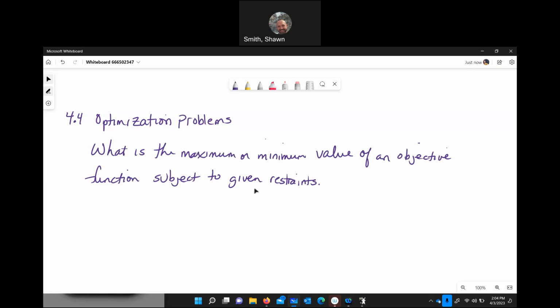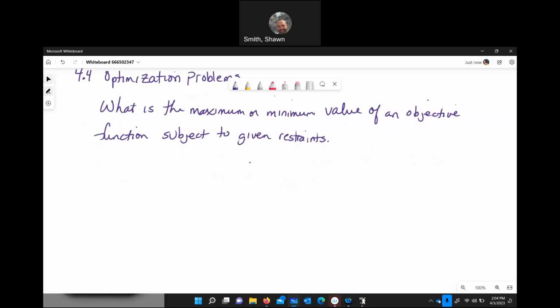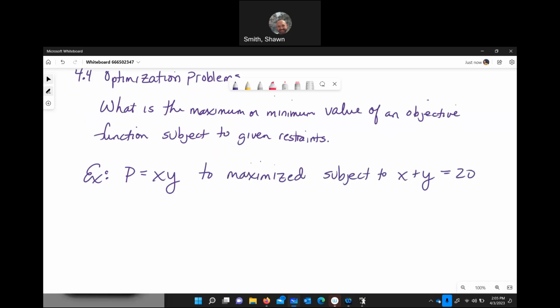So we start off with an easy one. It's an area problem. So let's suppose P is equal to X times Y, and this is to be maximized, subject to X plus Y is equal to 20. And so this could be represented as an area problem.